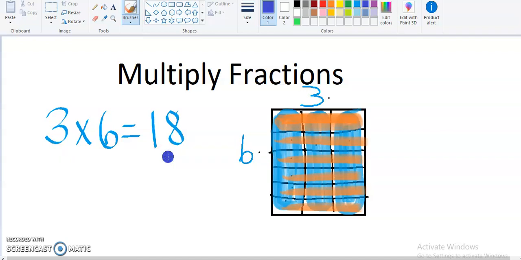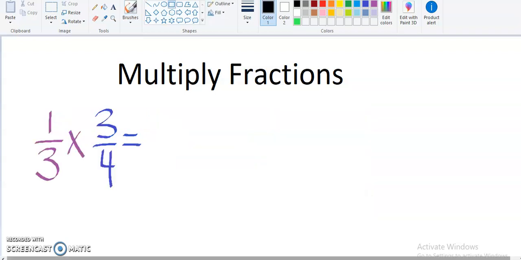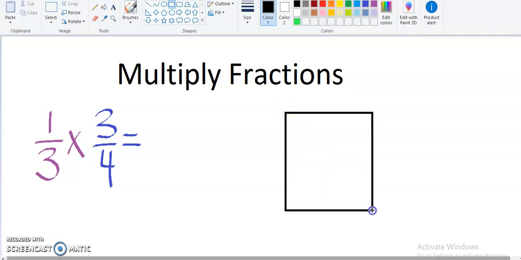Now let's take a look at fractions. 1/3 times 3/4. We're going to model this on a rectangle. Let's look back at this fraction, 1/3. So the 3 is telling us the units of one side.